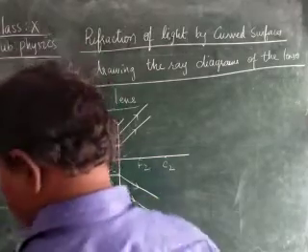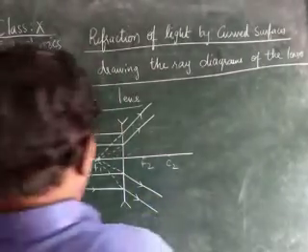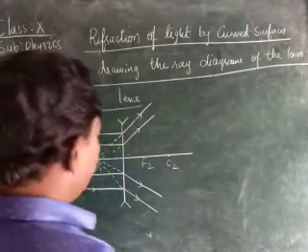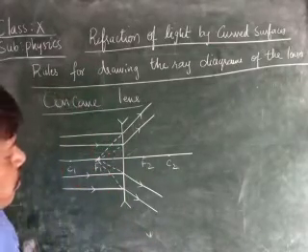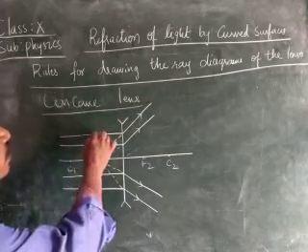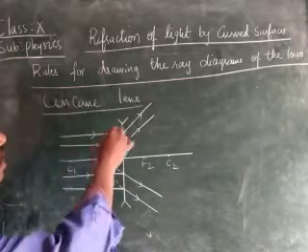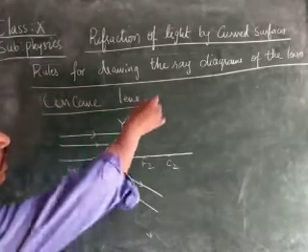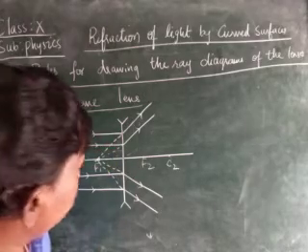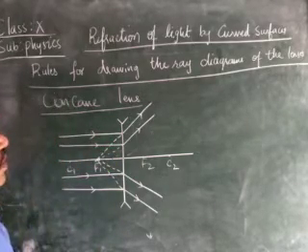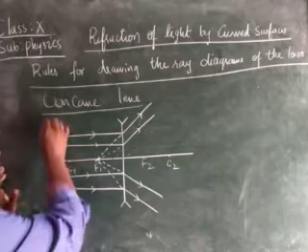Okay, children. This is the third rule. The third rule says that when a light ray travels parallel to the principal axis, after refraction, it appears to converge at the focal point. It appears to converge at the focal point, children. This is rule 3.